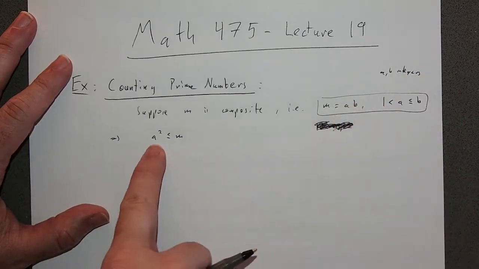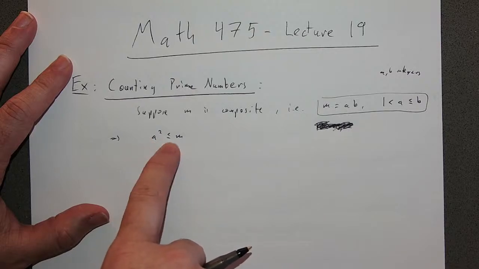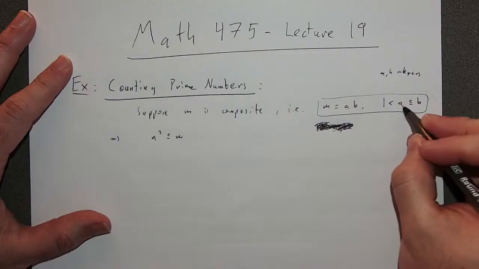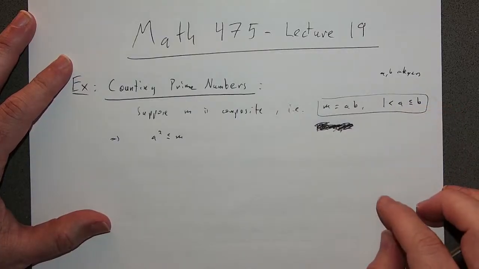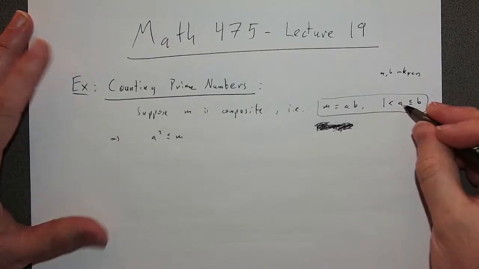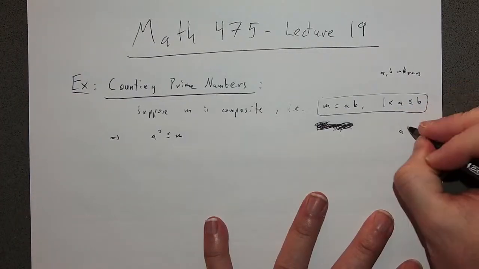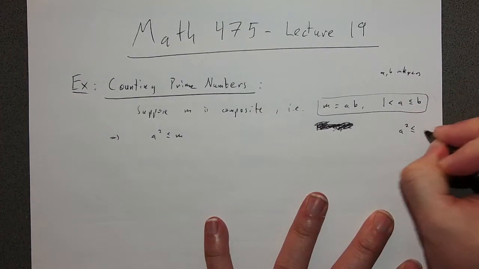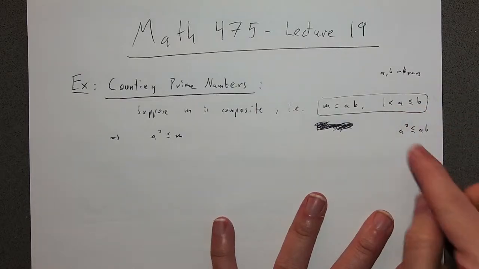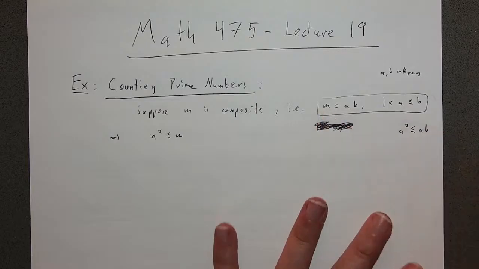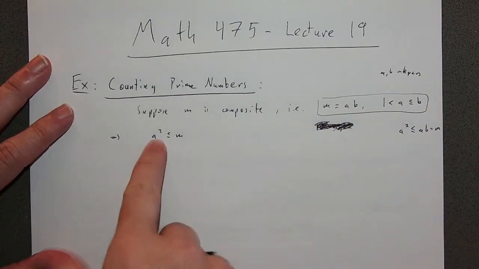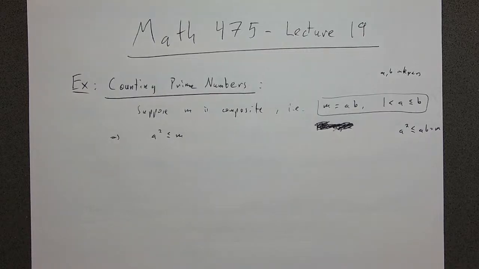If I square that, this is less than or equal to M. Why though? Well, if I take this inequality here and I multiply by A on both sides, A is bigger than 1 here, so I have A squared is less than or equal to A times B, just multiplying both sides of that inequality by A, but A times B is equal to M. So A squared is definitely less than or equal to M in this case.